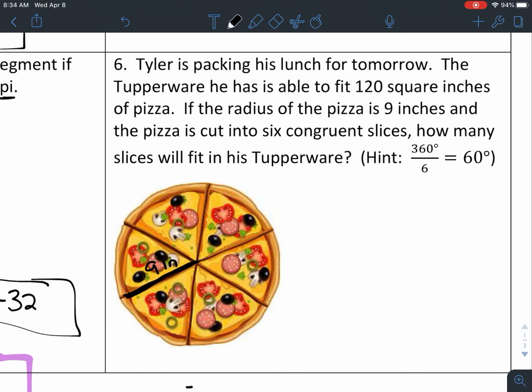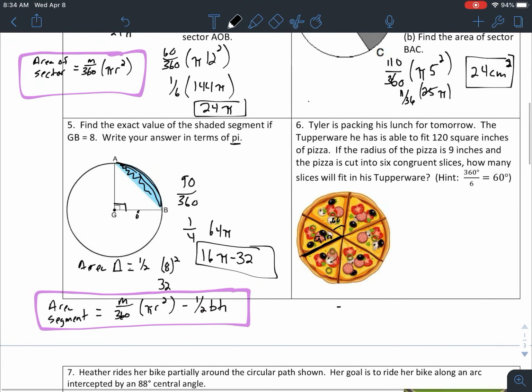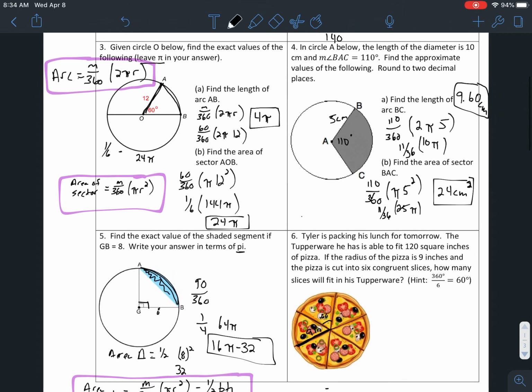So we're trying to figure out, let me see if we have a note on this. I don't think we do. So we can figure this out, that each slice is 60 degrees in the middle. Okay. So we have to use the, not arc measurement, I'm sorry.